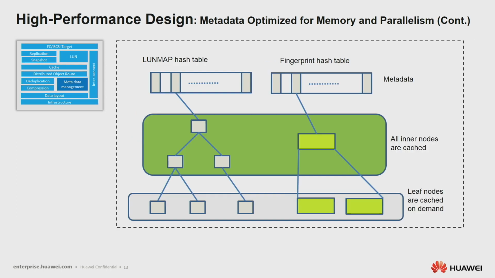Sometimes, even when we do all this optimization, we still cannot fit everything, because modern computers have a fixed maximum DRAM. Beyond that, you cannot add more. So with all that memory, we dedicate it to cache all the inner nodes. With the rest of the memory, we cache the leaf nodes on demand.